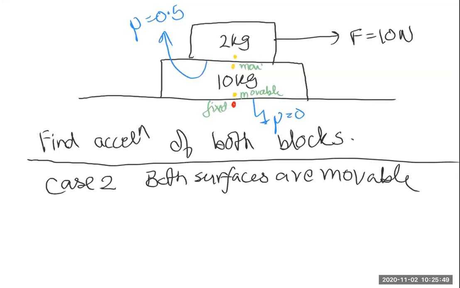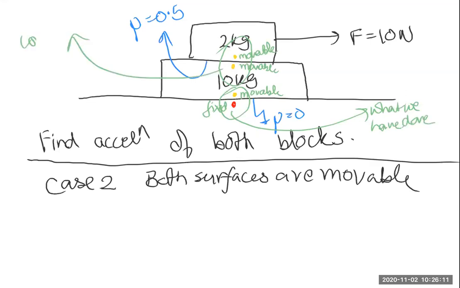Upper surface of the 10 kg block is movable, and the lower surface of the 2 kg block is movable. So the rules of friction here and the rules of friction here are different. The rules of friction here are what we have learned, and the rules of friction here are completely different from what we have done.